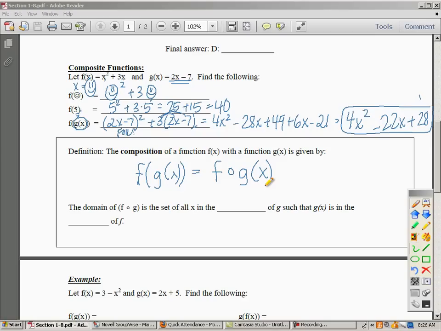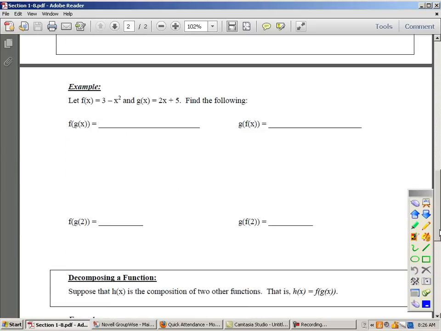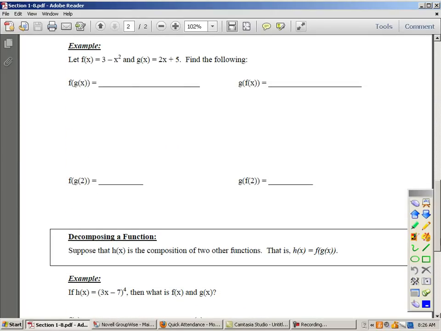The domain of the composite is the x in the domain of g which works in the domain of f. We'll talk a little bit about finding domain of composites, but you will more likely see domain of division questions or quotients than domain of composites. Okay, so flip the page. We're going to do a couple of composites together, and then we'll show you how to decompose, and then we're done.